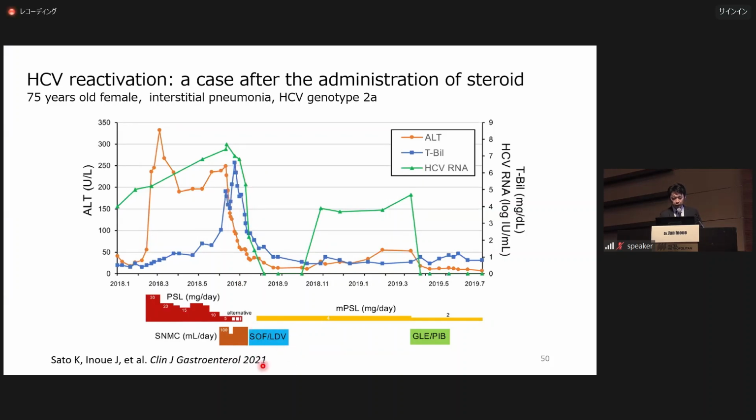After Harvoni treatment, the HBV RNA disappeared once but relapsed. After that, Maviret was prescribed and SVR was obtained. So we have to care for such patients.